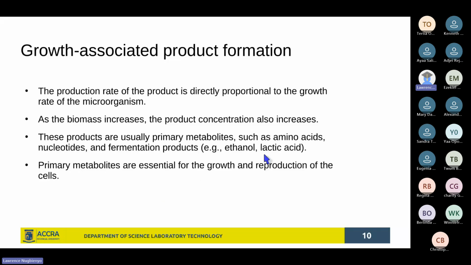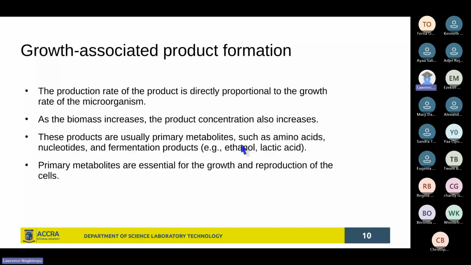It's a production of lactic acid there. In those industries, those products which are being produced are primary metabolites, and so you have the product which is being formed being proportional to the growth rate of these microbes that are being used in the process.